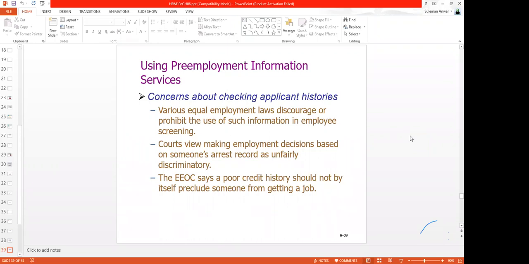Courts view making employment decisions based on someone's arrest record as unfairly discriminatory. We have to be very conscious when we talk about these things. And the EEOC says a poor credit history should not by itself preclude someone from getting a job.